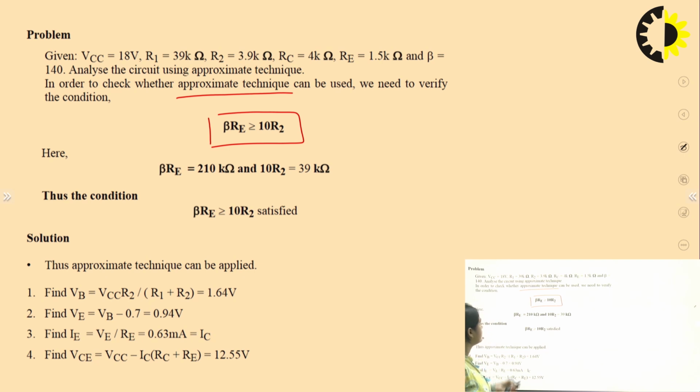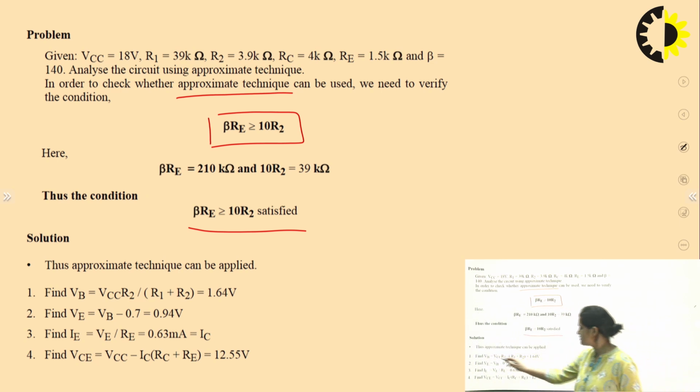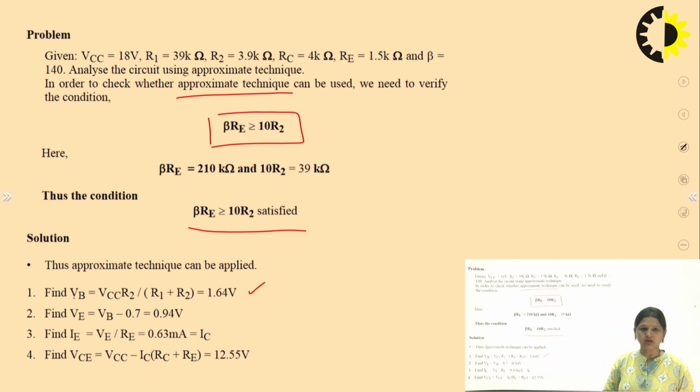So here, as the values VCC, R1, R2 and RE are given, we can check the condition, and we can find that this equation is satisfied. That means we can apply the approximate method, and at the base terminal we can calculate the value of VTH, which is known as VB. This is equivalent to VTH, for which I have given the expression in the previous slide.